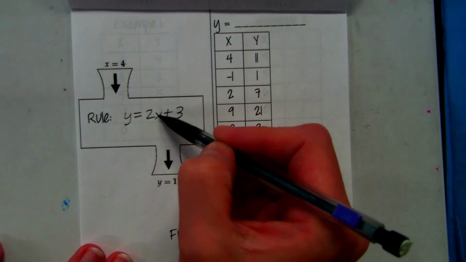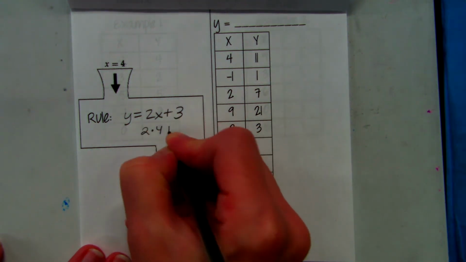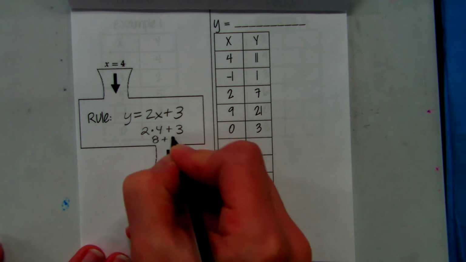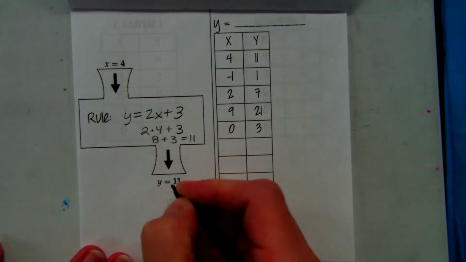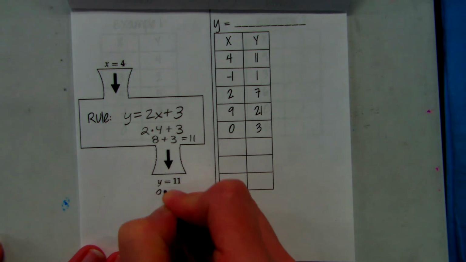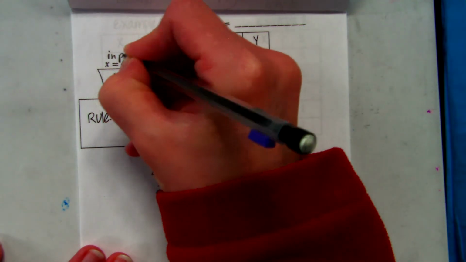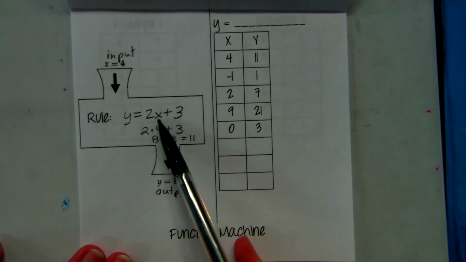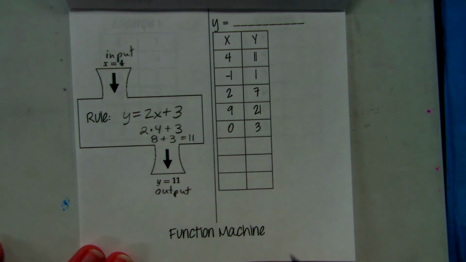So 4 is going to go in where the x is. So that would mean I would have 2 times 4 plus 3, which would be 8 plus 3, and we get 11. And so 11 is what comes out. So this is the output, and the 4 is our input. This is the number we're putting into the equation. This is the number that we're getting out for the y.